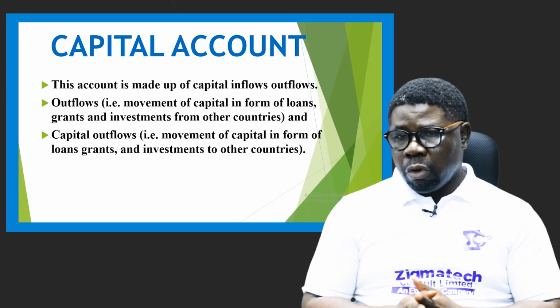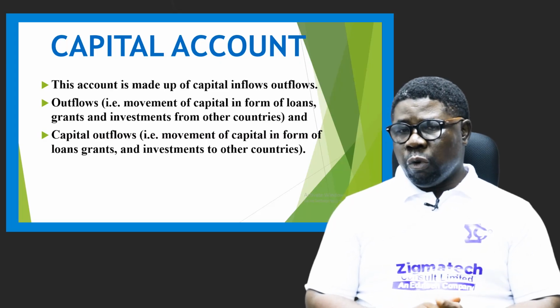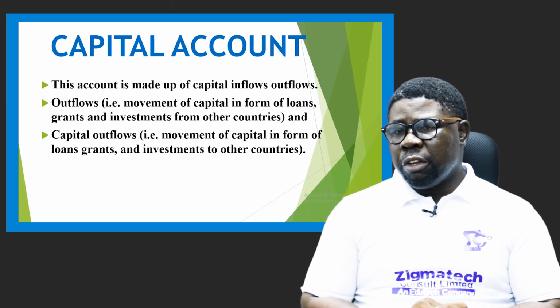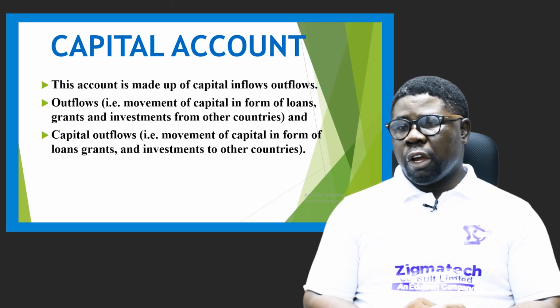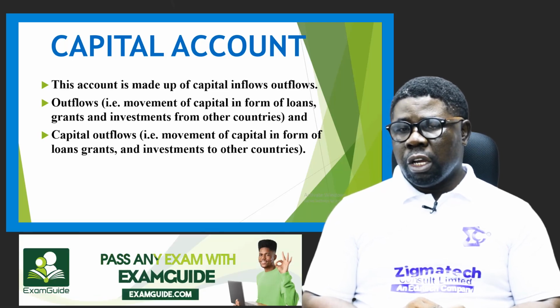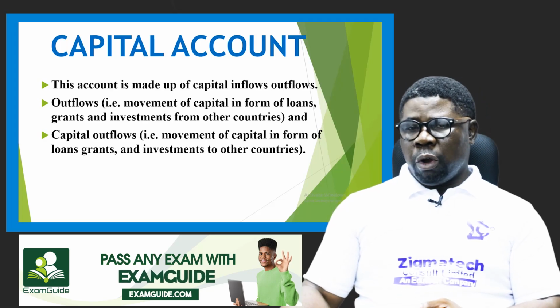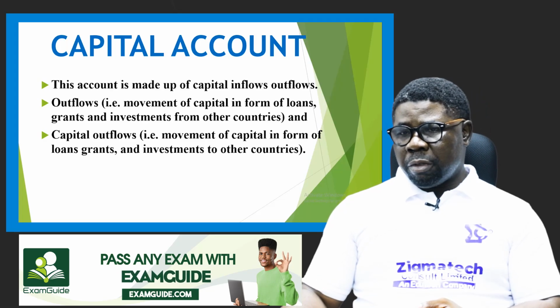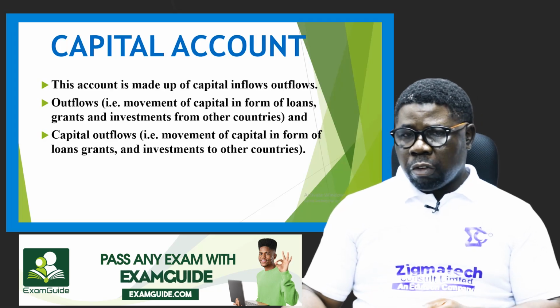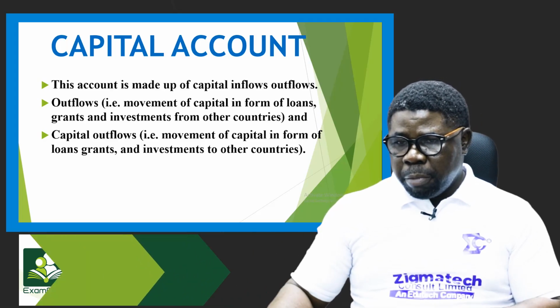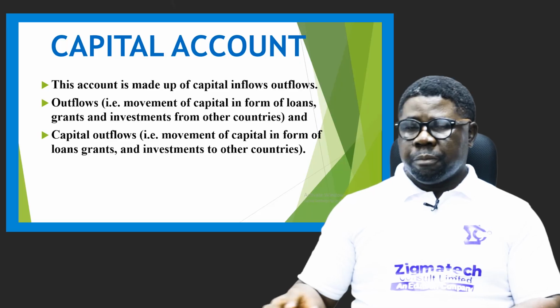Capital outflow. All right. So inflow means that there's movement into a country of capital in form of loans, grants, and investments from other countries. There's capital outflow from one country to another when there's movement of capital in form of loans, grants, and investments to other countries.